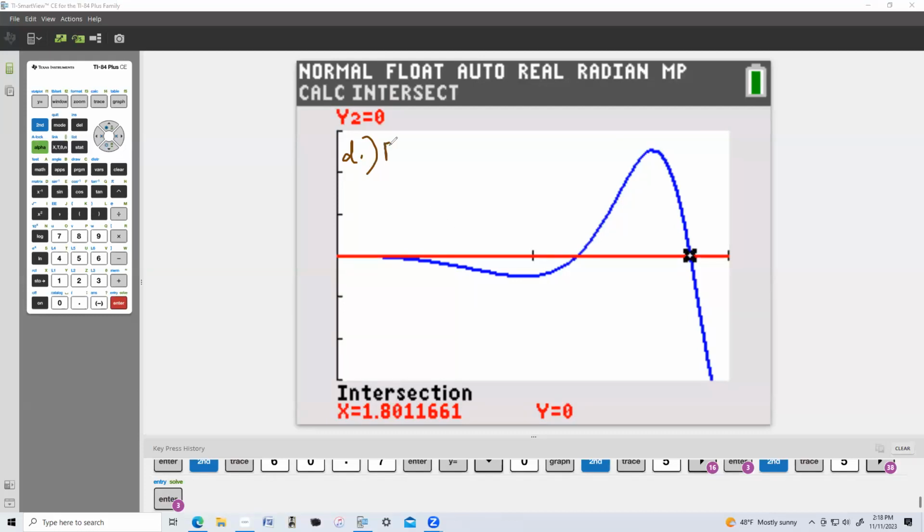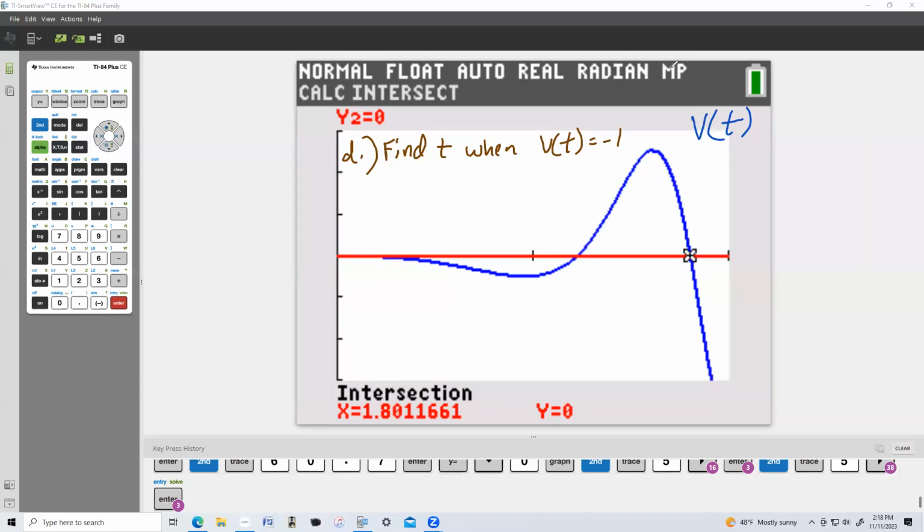So we need to find the time when the velocity v of t is equal to -1. And again, just to be super clear, this blue curve is tracking the velocity. Okay, so we need to find the time first when the velocity is -1.